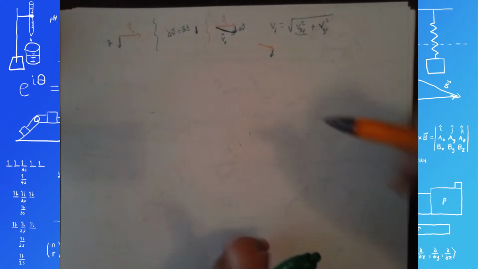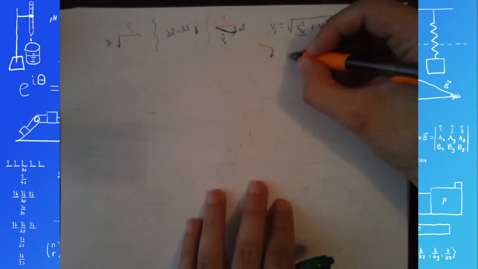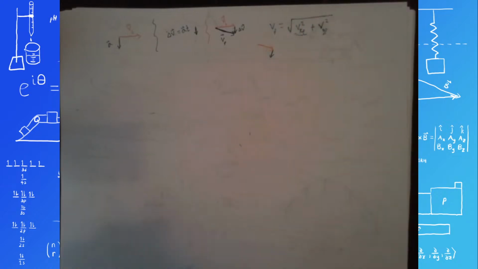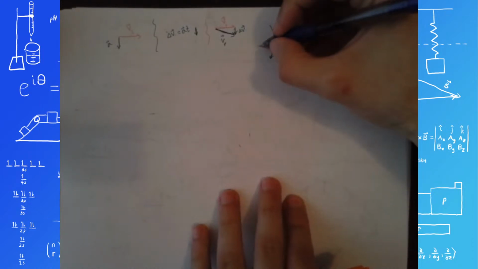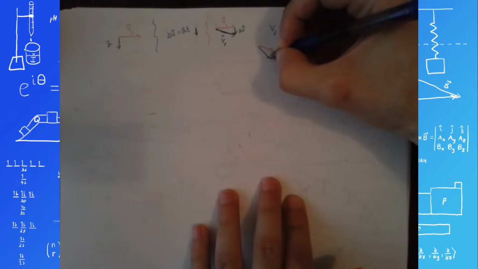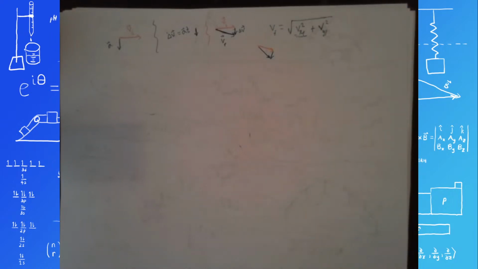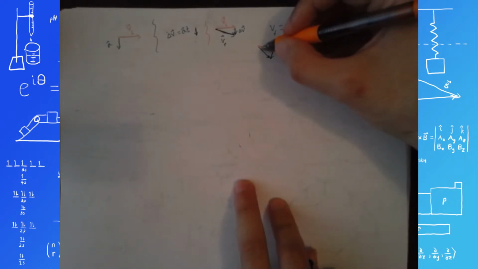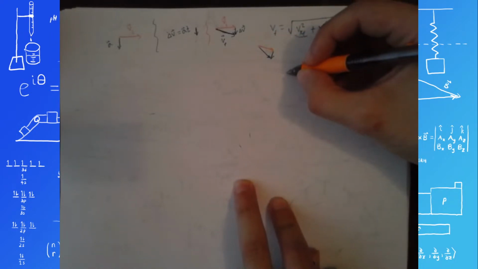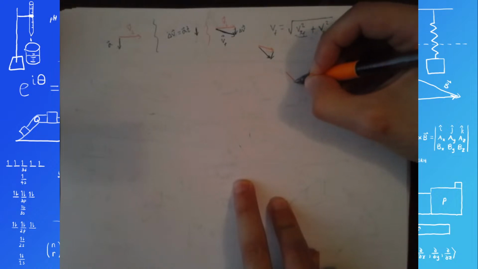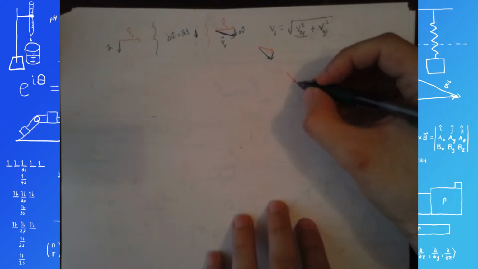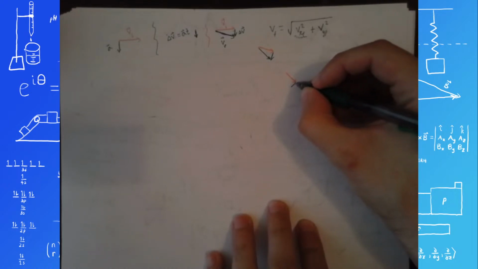This will cause it to tilt towards this direction, and then your next velocity is going to be in this direction, but your next delta V is going to be perpendicular to it in this direction.